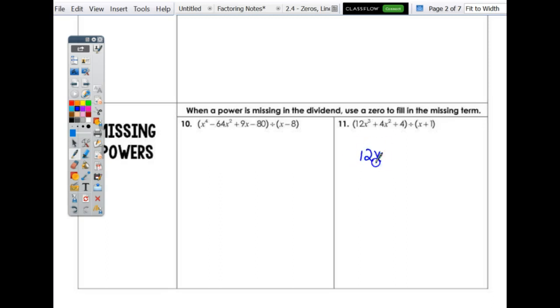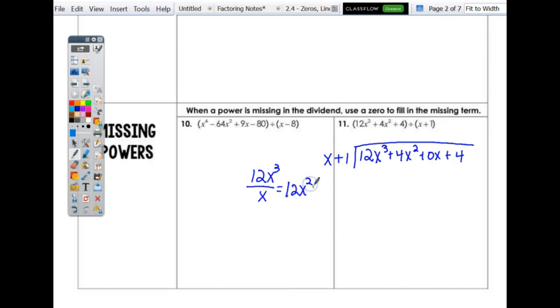So I have 12x to the third plus 4x squared plus 0x plus 4. So I'm going to start with the 12x to the third and divide by x, and that gives me 12x squared. So that goes right here.